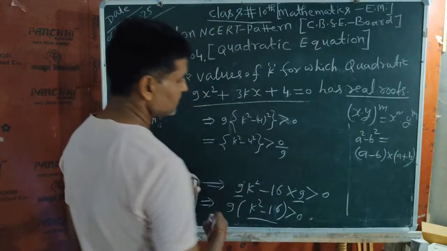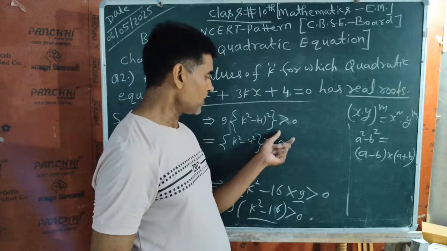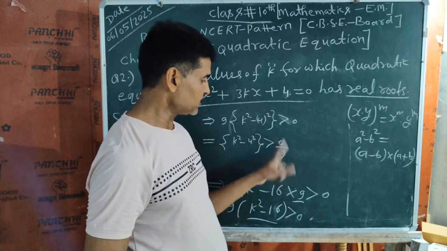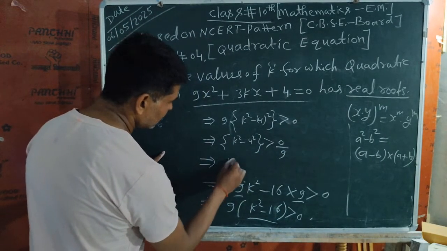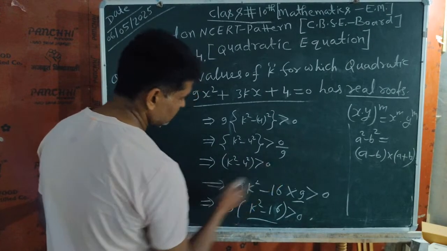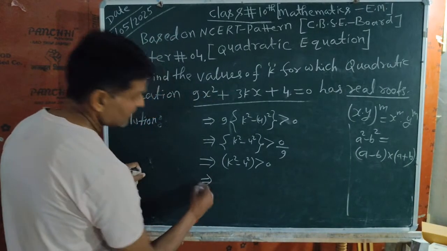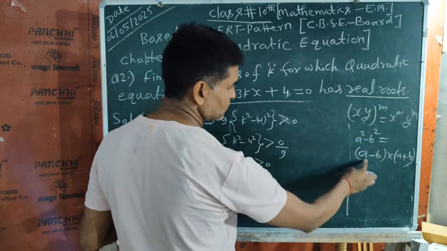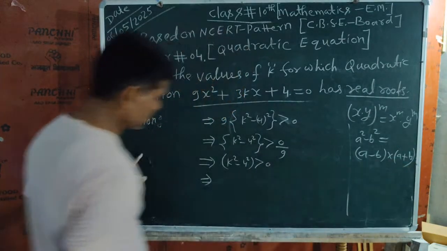If I divide 0 by any quantity, that will become 0. So again here I will imply that a square minus 4 square is greater than 0. Okay student, further I will simplify it according to this formula that is written here, a square minus b square is equal to a minus b in one bracket, and in the second bracket I will write a plus b.